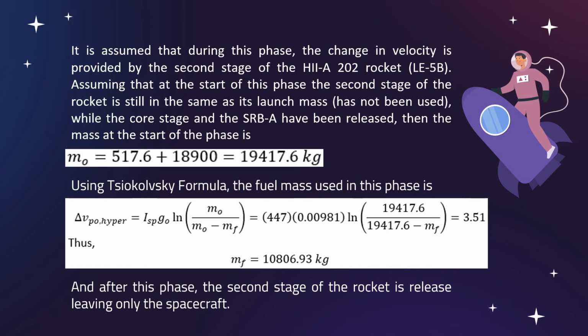Using the Tsiolkovsky formula, the fuel mass used in this phase is MF equals 10,806.93 kg, which is still less than the fuel carried by the second stage of the rocket provided in part 1. And after this phase, the second stage of the rocket is released, leaving only the spacecraft.